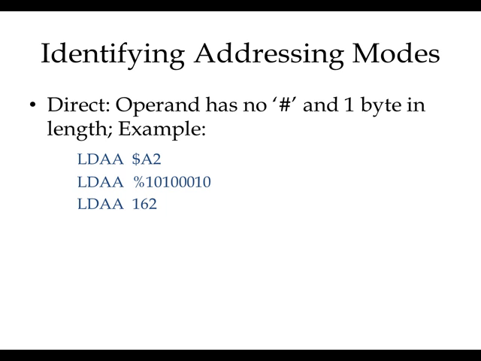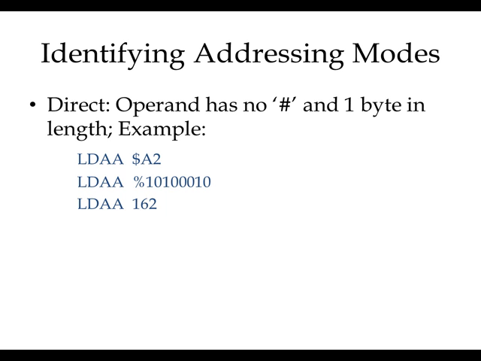The way you understand, look at this. Decimal number has no prefix. Binary number will always have a prefix of percentage sign, and hex number will always have a dollar sign.